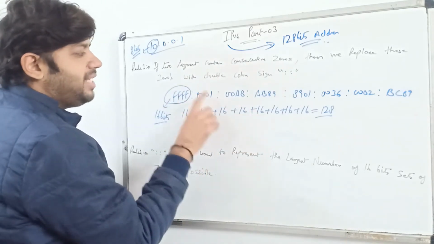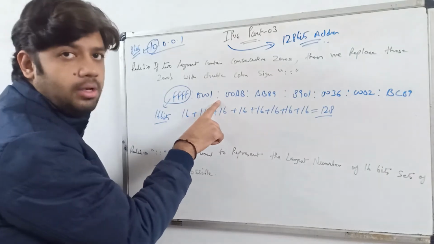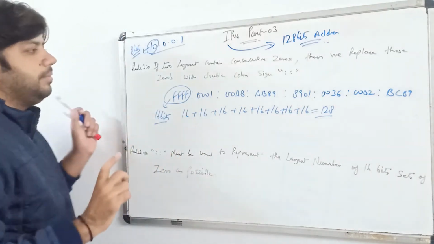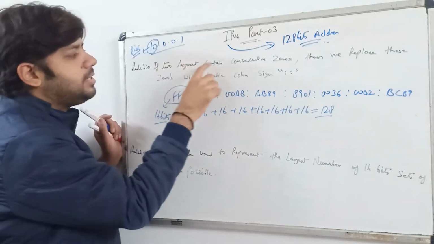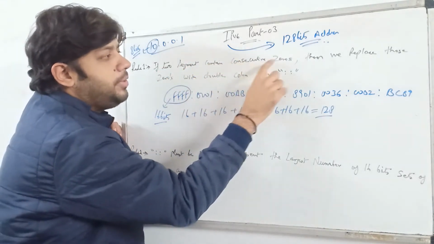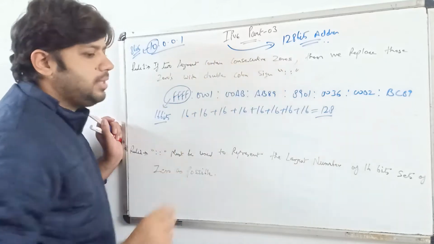We can separate our segments with the help of a colon. Now rule 1: if two segments contain consecutive zeros.